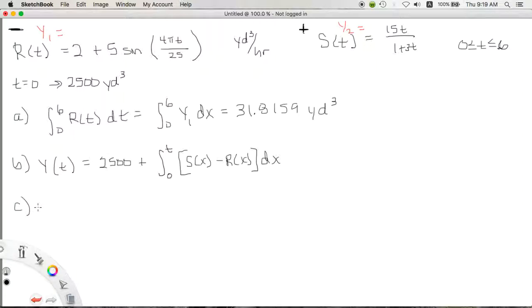So then part C says, find the rate at which the total amount of sand on the beach is changing at t equals 4. Well, this is our function of how much is there. So what's our rate of change going to be? That's right, the derivative. Y prime of t is the rate of change.